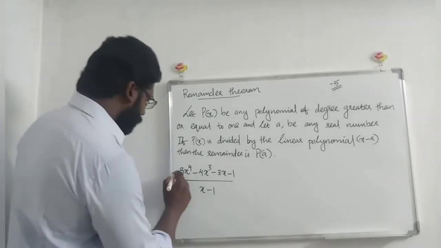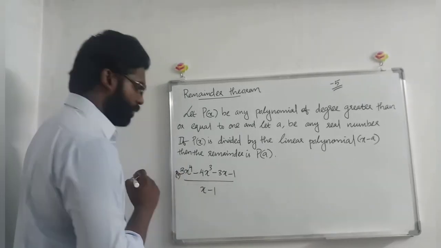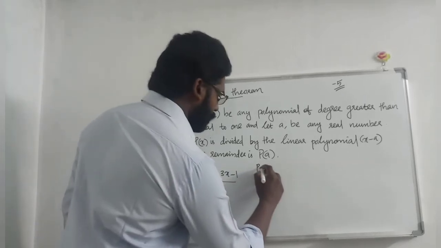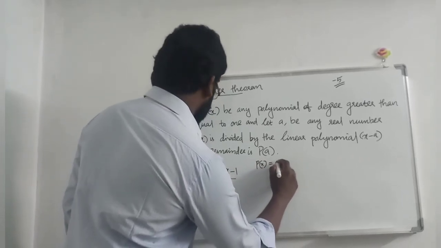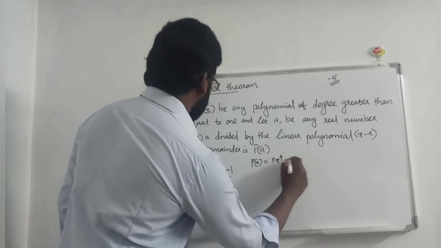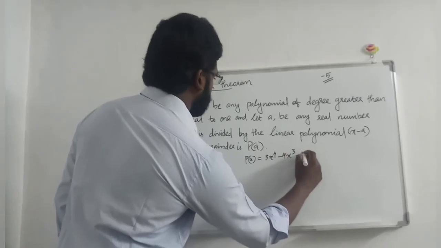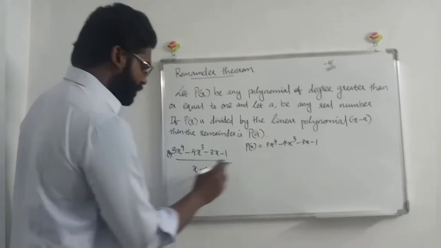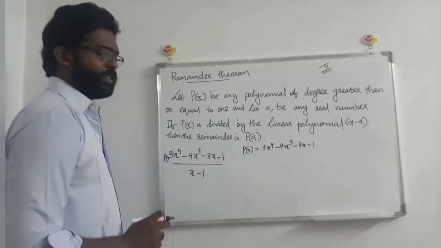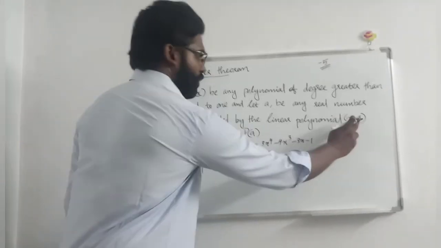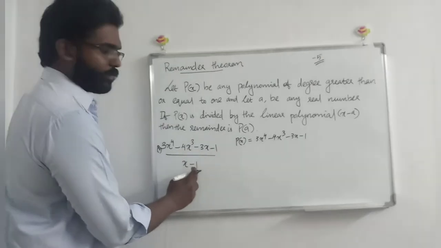Example. This is our p of x. P of x equals 3x raised to 4 minus 4x cube minus 3x minus 1, and it is divided by a linear polynomial x minus 1. In the place of a here is 1.